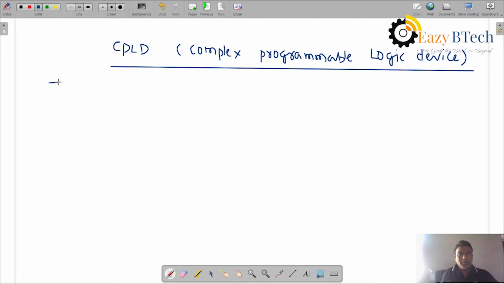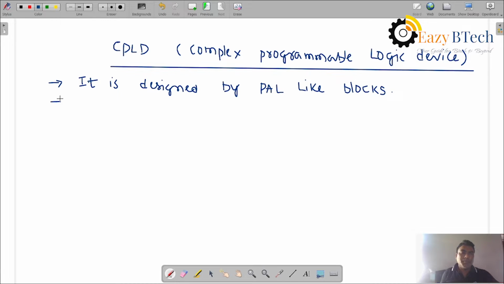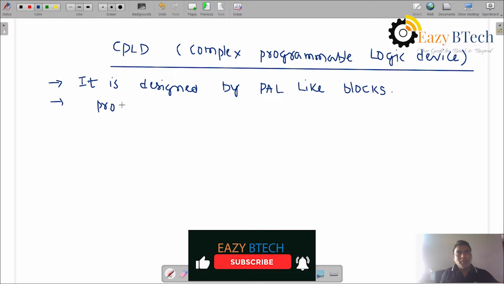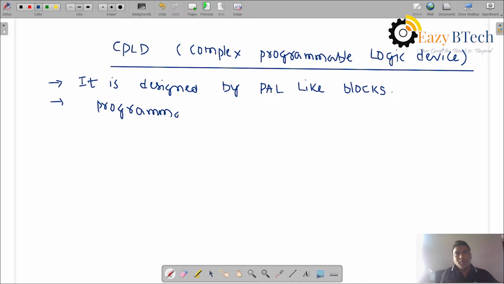It is designed by PAL-like blocks, programmable array logic blocks, and OR arrays.